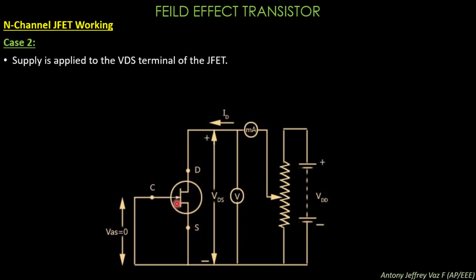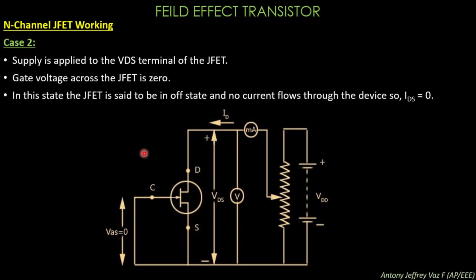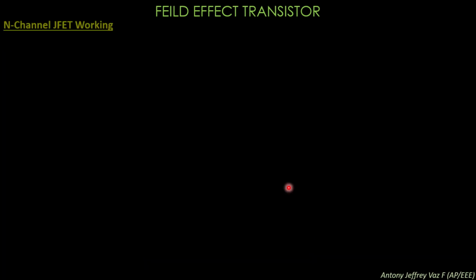The gate terminal of the JFET is directly grounded, which means the gate voltage VGS is 0. Since the gate voltage of the JFET is 0, the JFET is said to be in the off state and no current flows through the device, so IDS is equal to 0. Since the voltage applied to the gate is 0 volt, the current ID cannot flow into the JFET, so the load cannot be turned on.